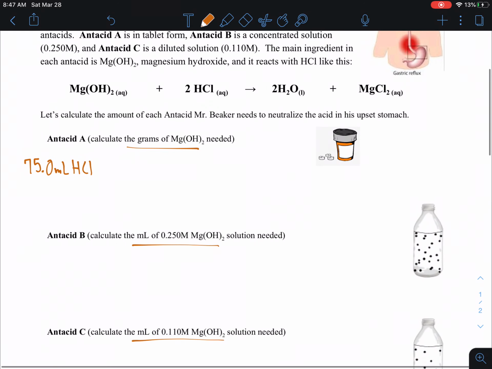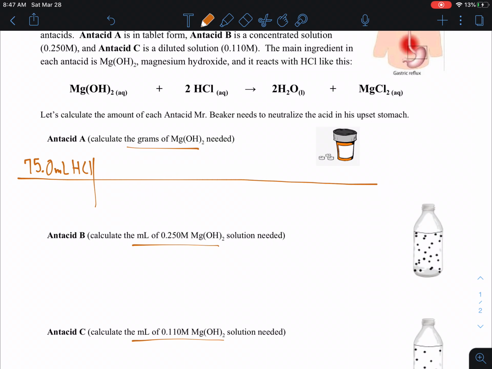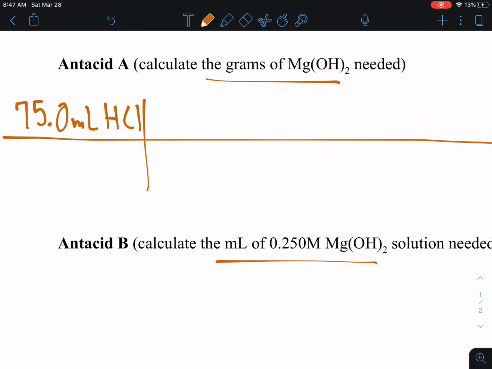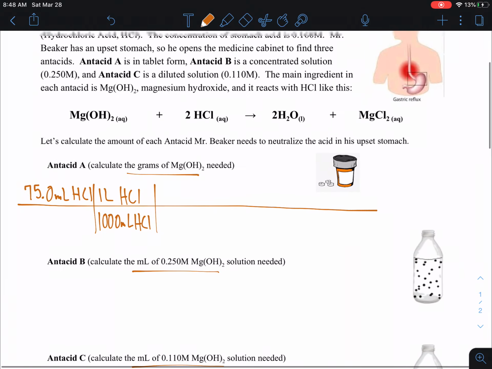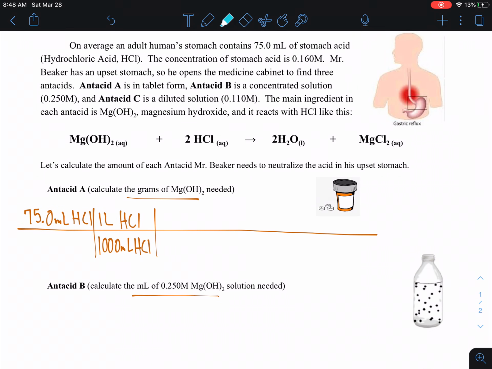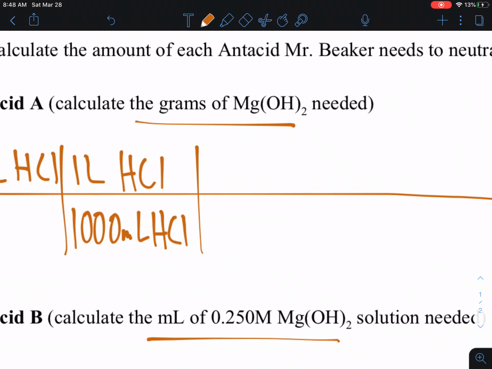Now this is going to be a pretty long problem, so make sure you write nice and tight. Here we go. So we'll convert this into liters. 1 liter of hydrochloric acid. And now is the time for the molarity of the acid. So from way up here, the concentration of stomach acid is 0.16 molar.